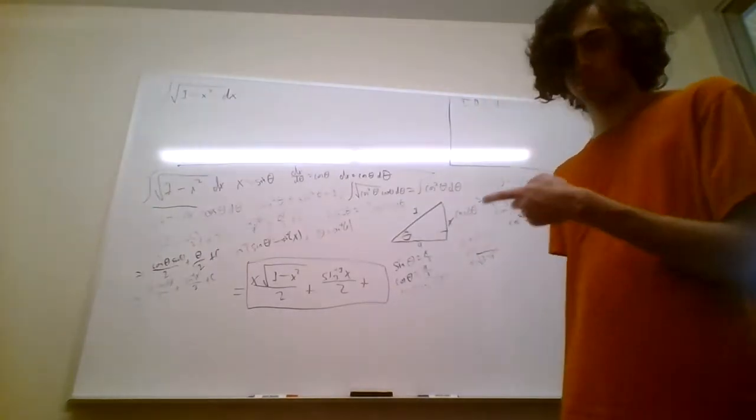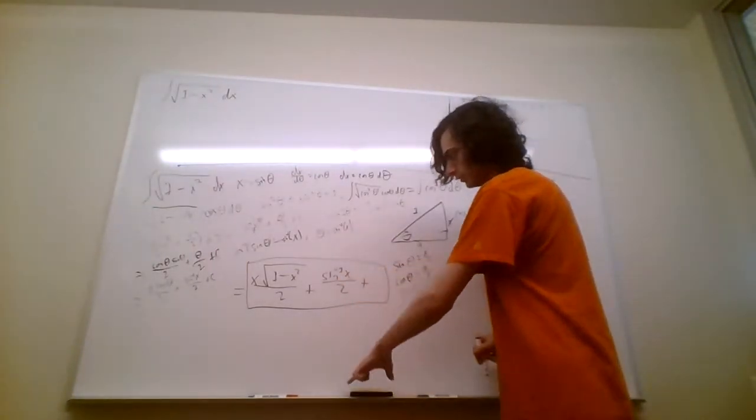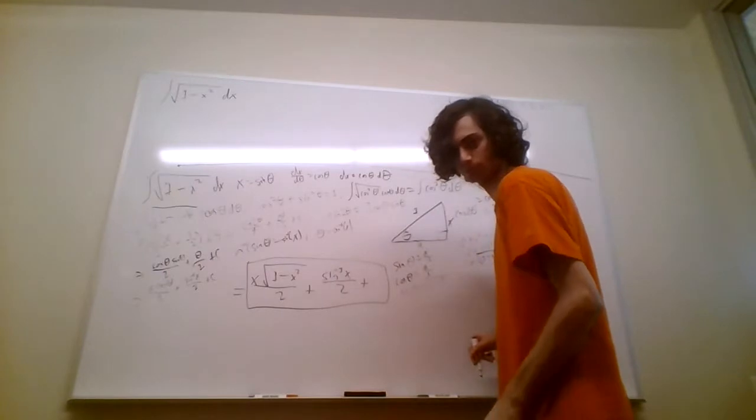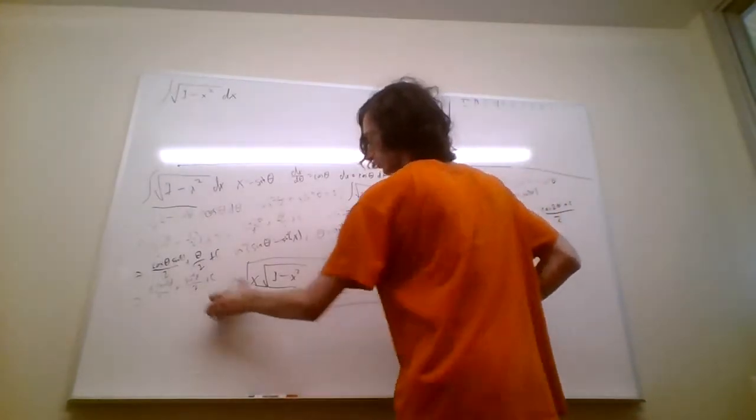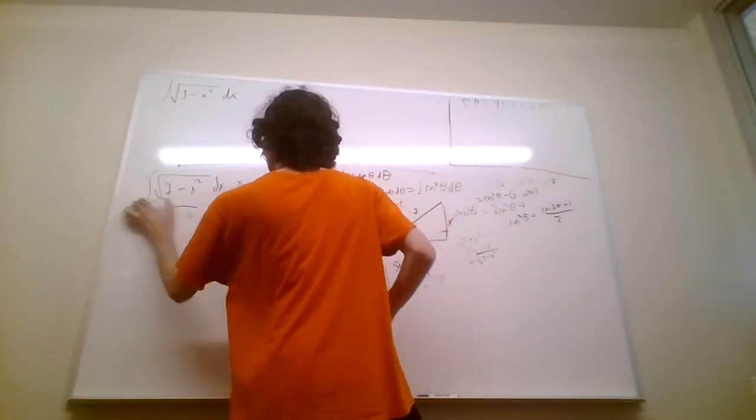Yep, and one thing cool about this is that using this, you can figure out the area of the unit circle. So I'm just going to erase a bunch of this, just so we have more room.